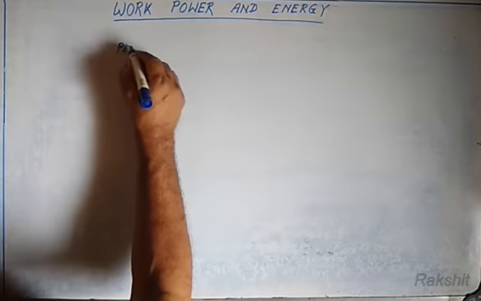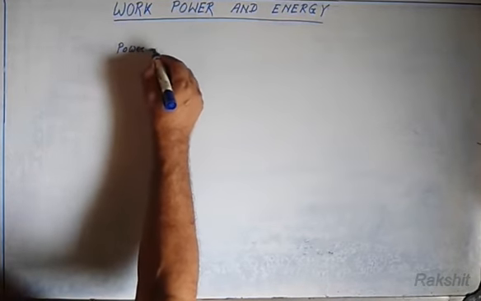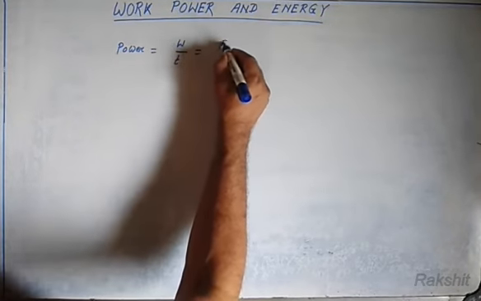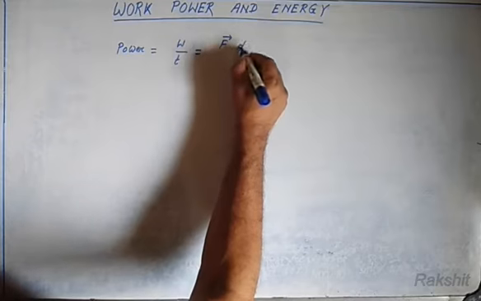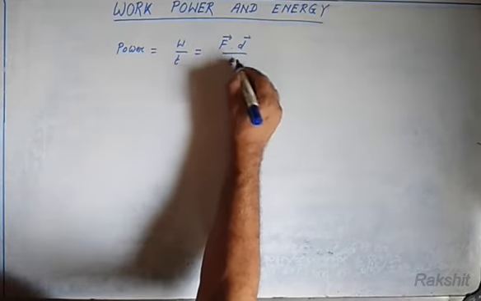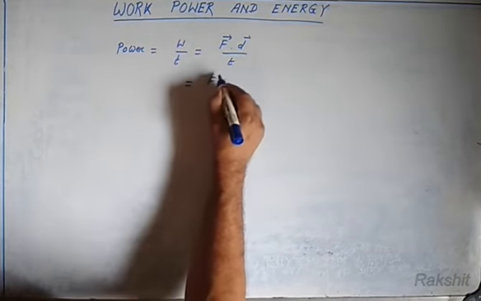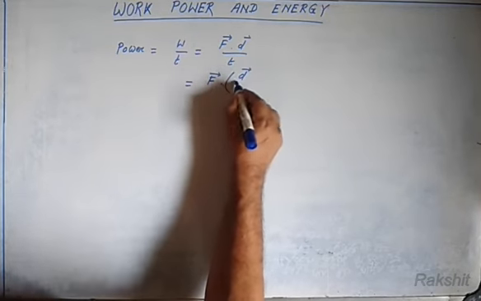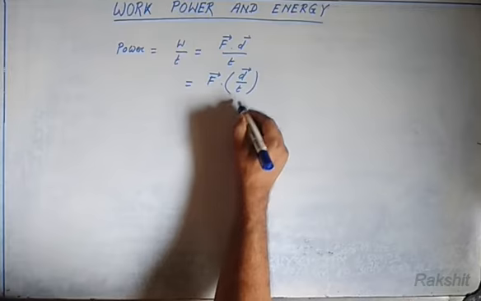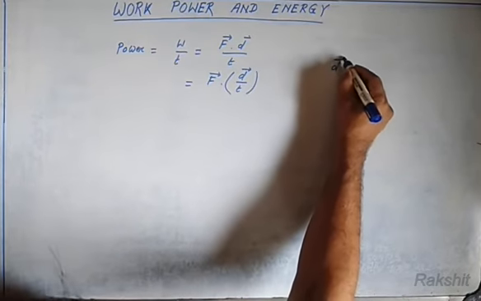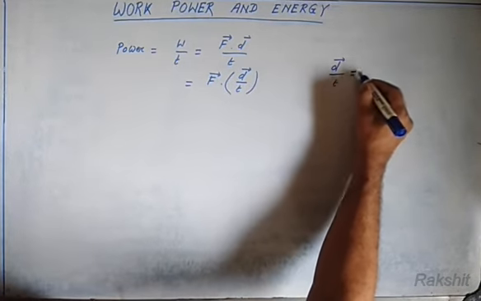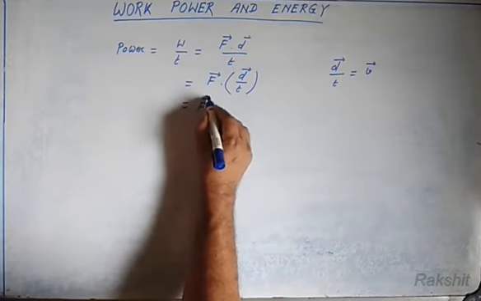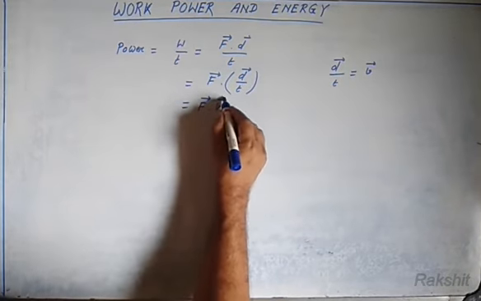Power is equal to W by T, which is force dot D by T. Again, D by T, displacement by time, is velocity, so it is force dot velocity.